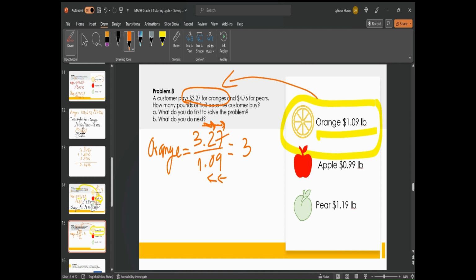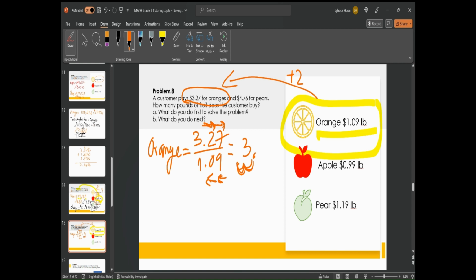So the decimal shifts back by two digits, and it should be placed here.